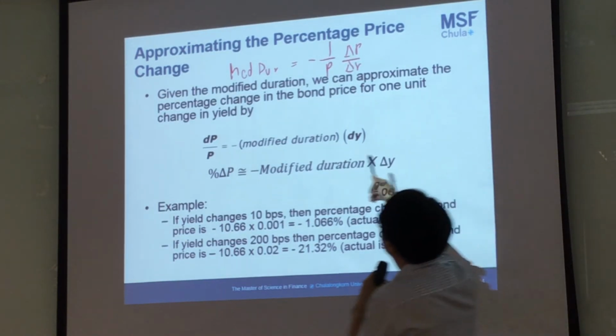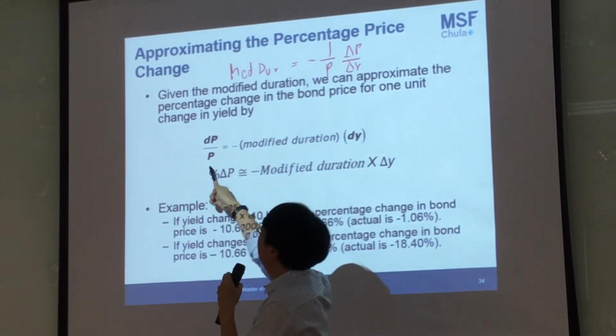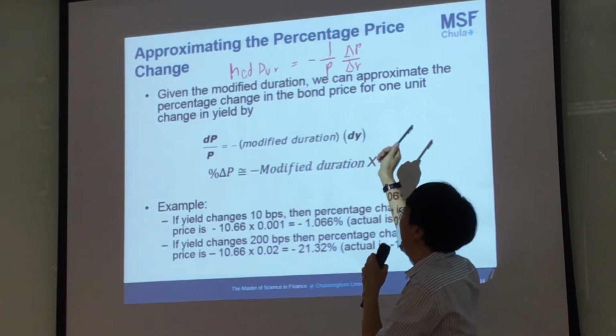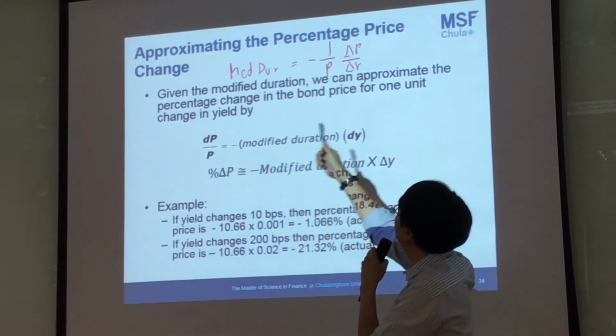Delta P over P, and then we move delta R or delta Y to the other side.